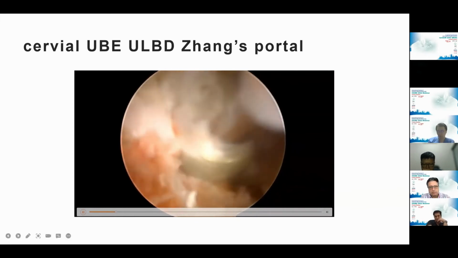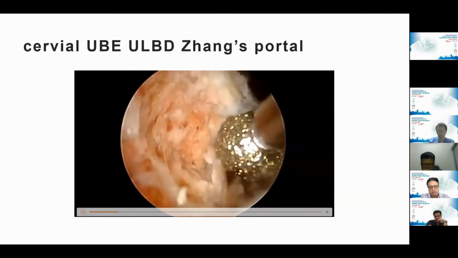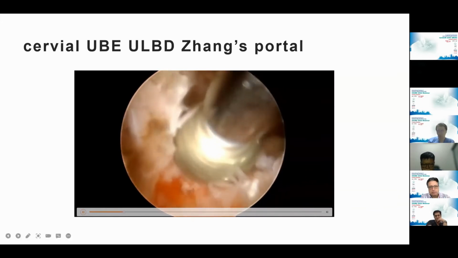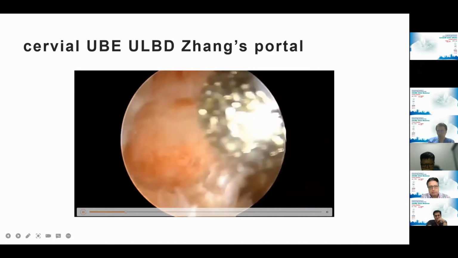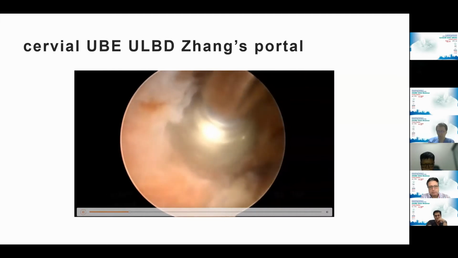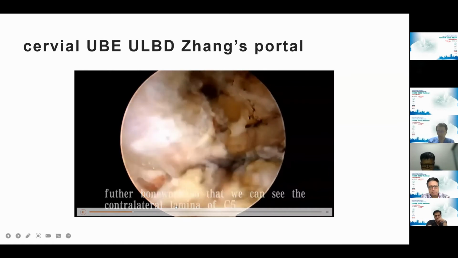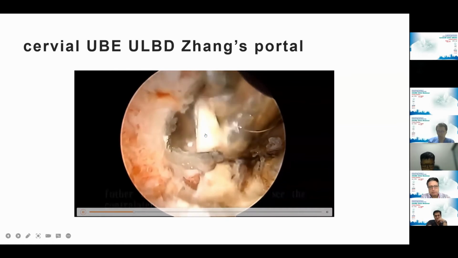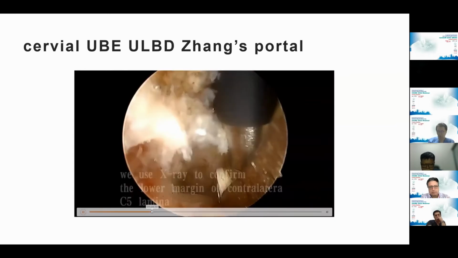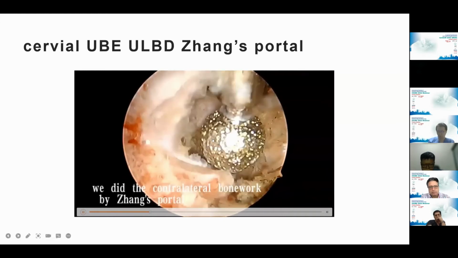But if you want to see more of the surgical field of the contralateral side, you must remove the base of the spinous process of the proximal cervical vertebra. With further bone work, we can see the proximal lamina of the contralateral side. The angle of the bone work is very good.